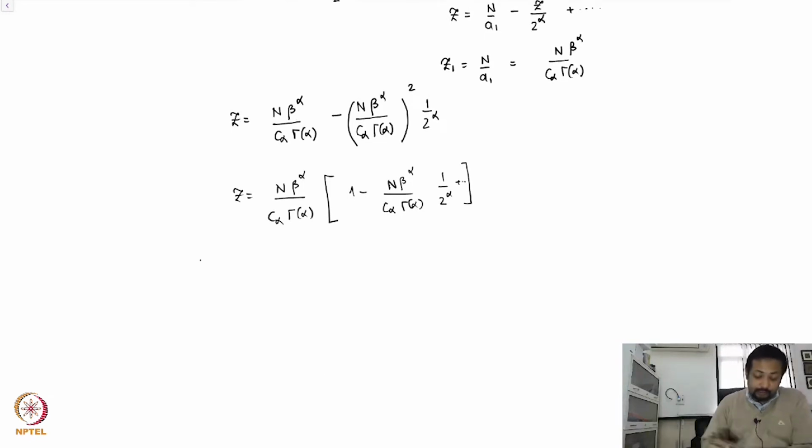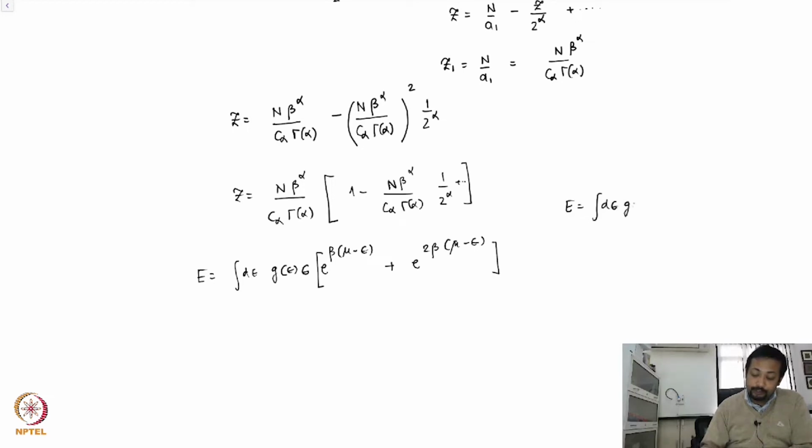Now the energy E is the integral dε g(ε) e^{β(μ−ε)} + e^{2β(μ−ε)}, with an ε factor. And this ε factor is because I'm taking the average of the energy.